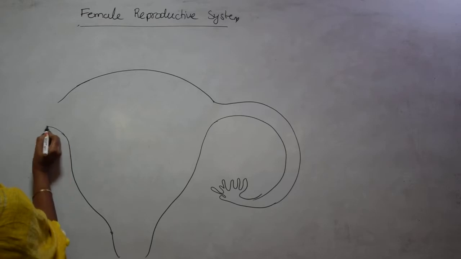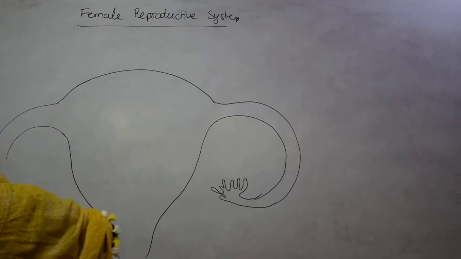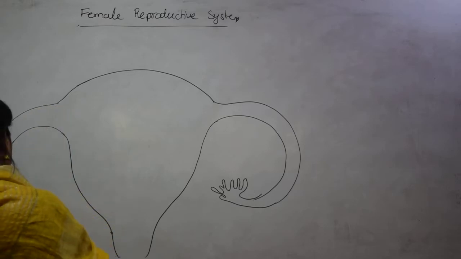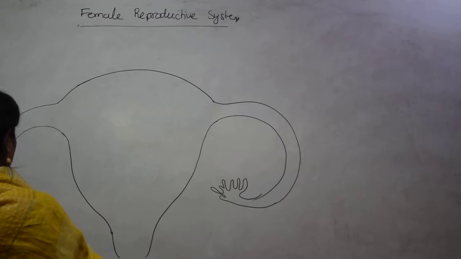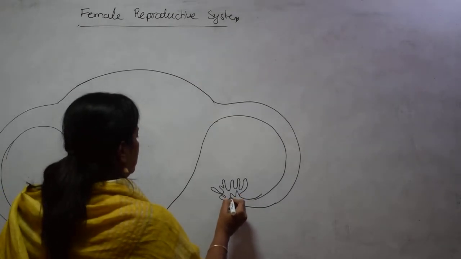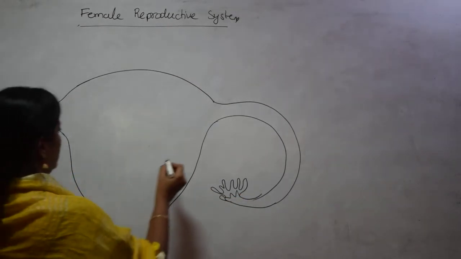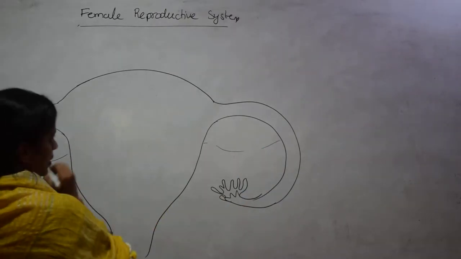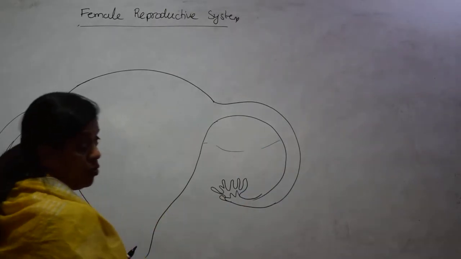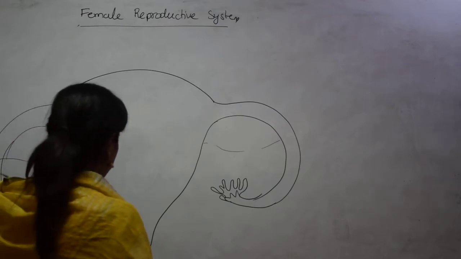On either side I will draw the fallopian tubes, like this. Then here you find a membrane in which the ovary is located. Before entering into the ovary, let me give you the parts of the uterus.